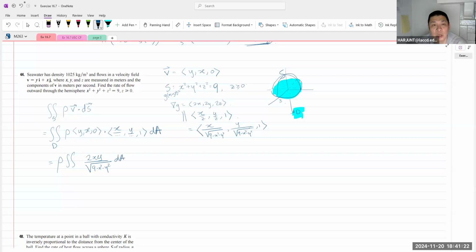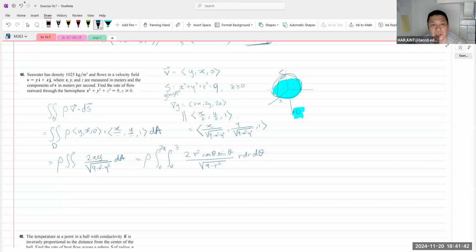Oh, that's actually really nice. Because once I make it polar, integral from 0 to 2 pi, integral from 0 to 3, on the top I will get 2r squared cosine theta sine theta over the square root of 9 minus r squared, r dr d theta.